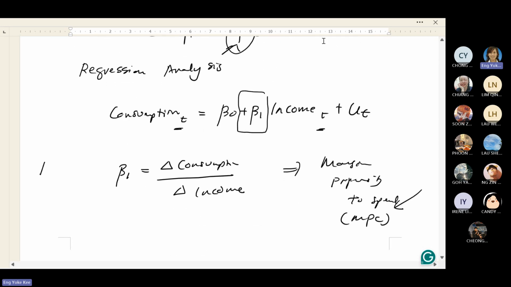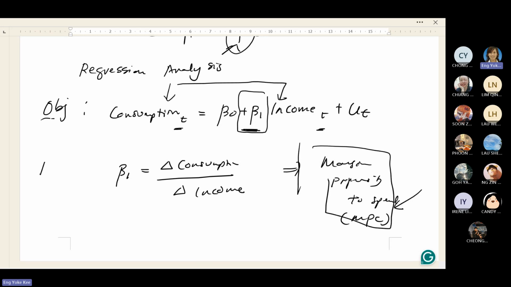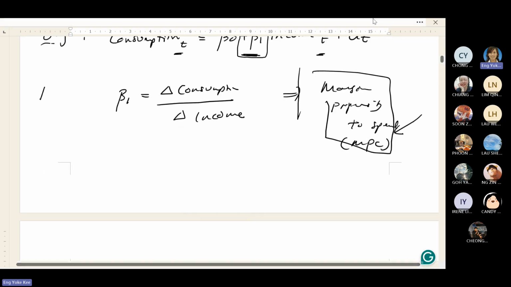Okay, so now let's say this is what you want to do, the objective of your study. You would like to look at a simple relationship between the two, and you pay attention to the beta value. You want to find out this case. So your objective one is that you want to examine the MPC for Malaysians.